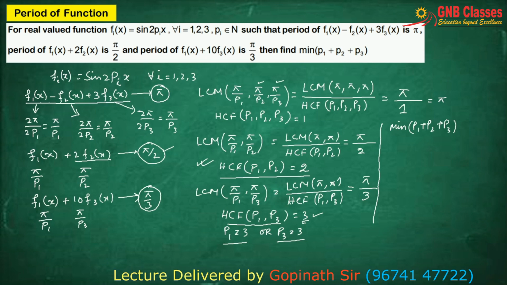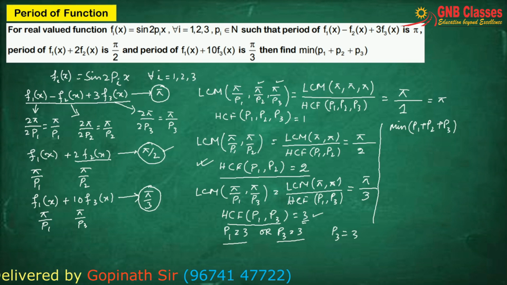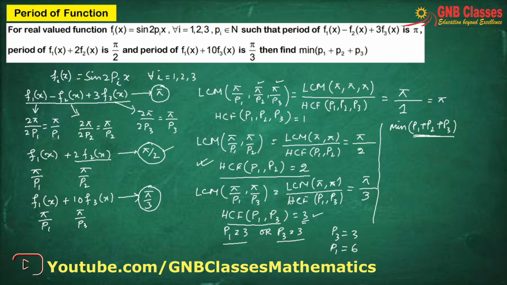Now it is clear that we have to take p3 as 3. p1 is 6. Why 6? Because p1 can take the multiples of 3. It can be 3, it can be 6, it can be 9, it can be 12 and so on. But we have to choose the least value of p1 in such a way that the second condition, that is HCF of p1 and p2 will be 2, is satisfied.